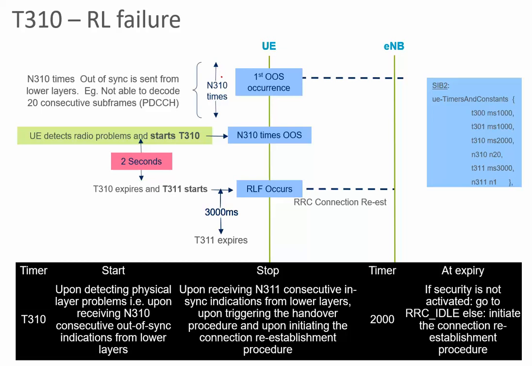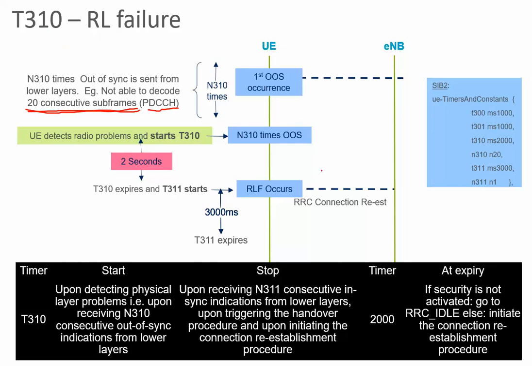In radio link failure, we define N310 counters. If 20 consecutive subframes are not decoded, that is, the PDCCH is not decoded continuously for 20 subframes, then N310 expires and the T310 timer starts as an RLF failure.